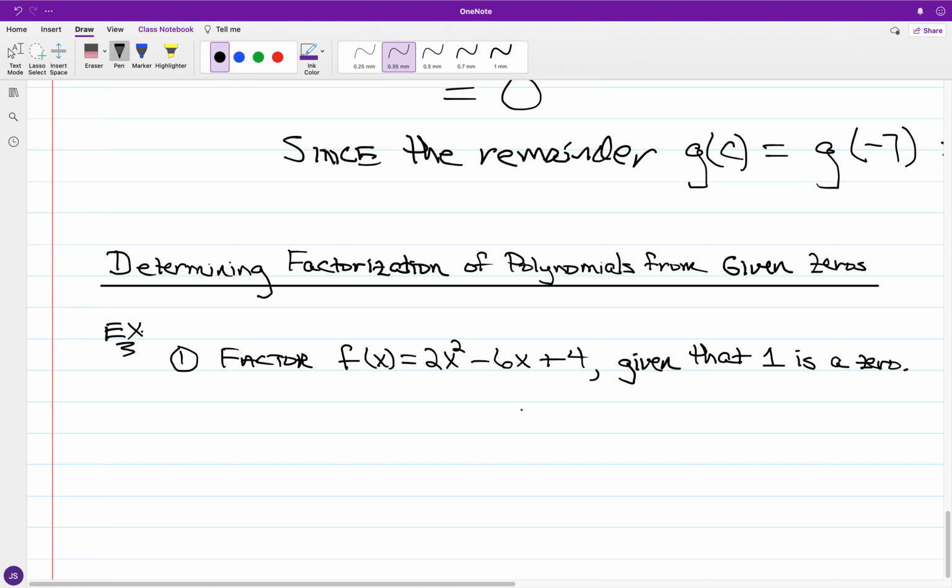Now in the realm of synthetic division, 1 is the given 0, and we're going to take the coefficients of the dividend. So we have a square term, first order term, and a constant. Nothing is missing in degree of x as we go from second order down to the constant. So we have 2, negative 6, and 4.